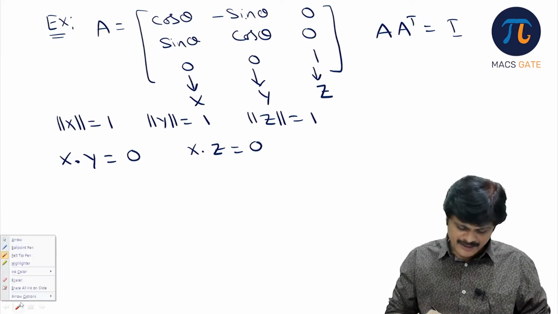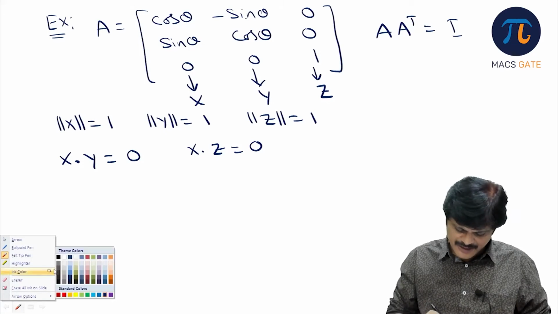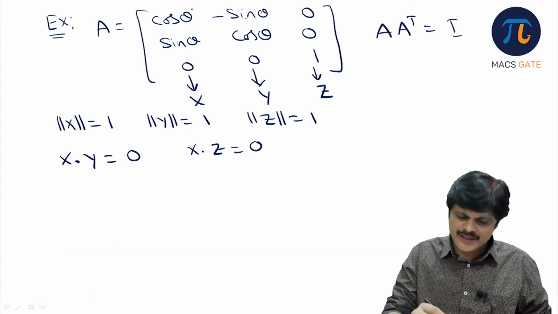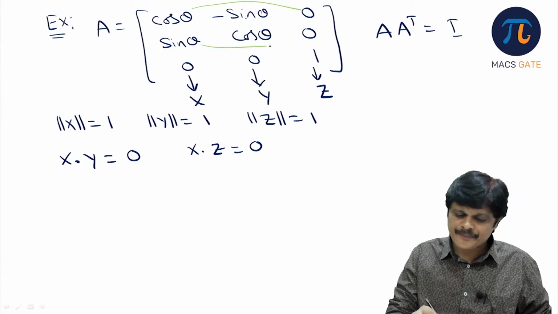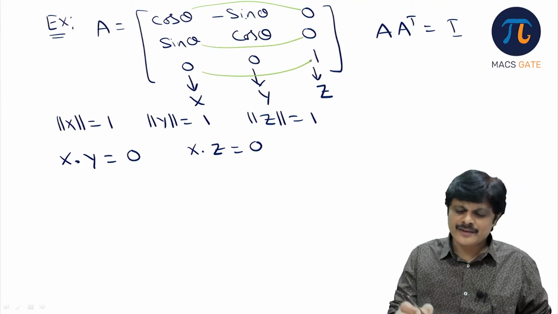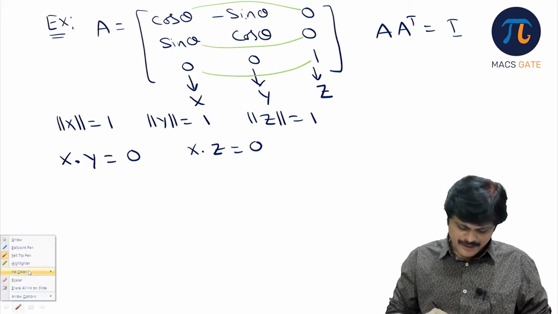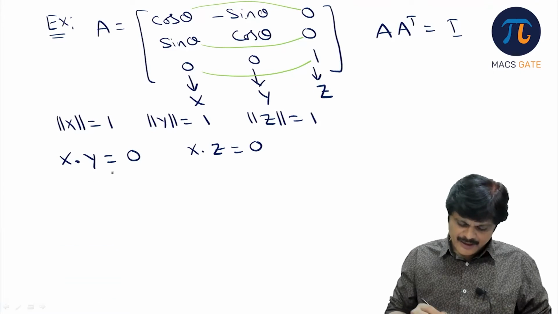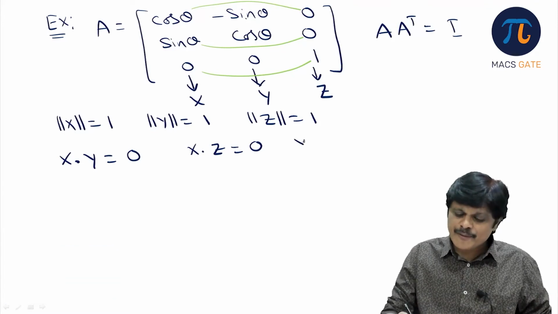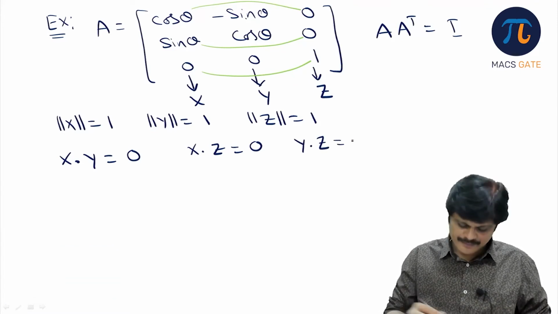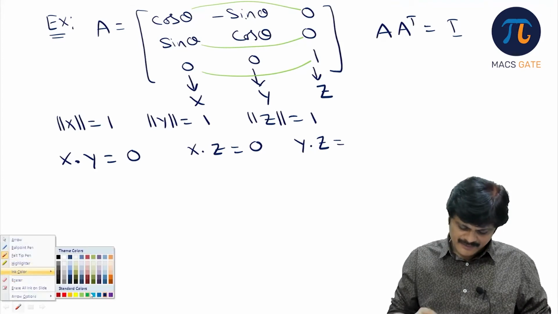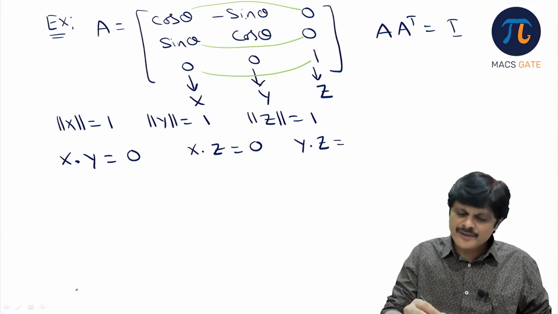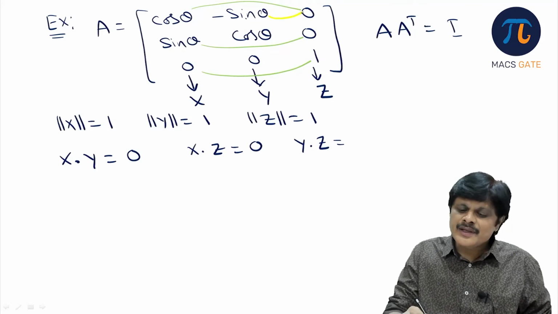I'll just show you with the colors so that you'll understand. That is 0. Now one more thing, y dot z. Let us see y dot z also. This into this.